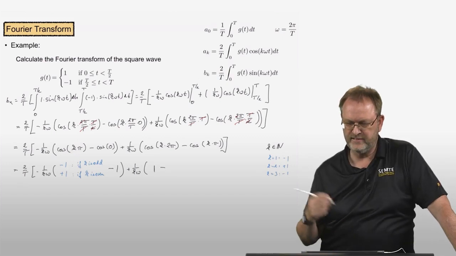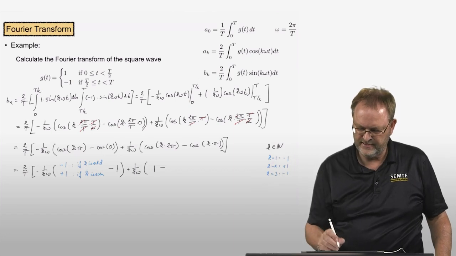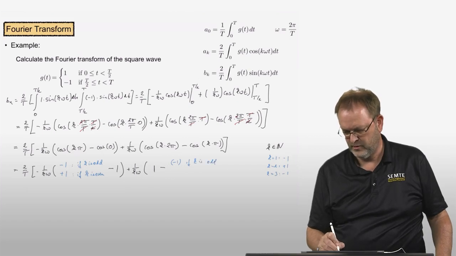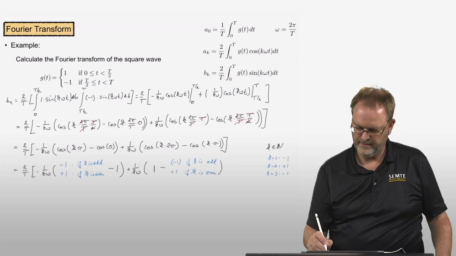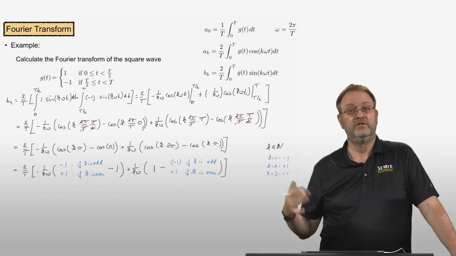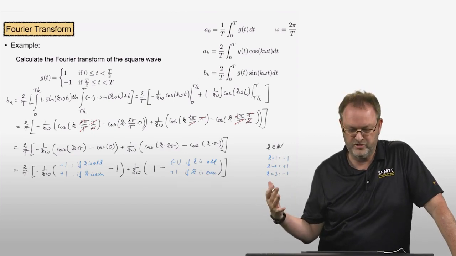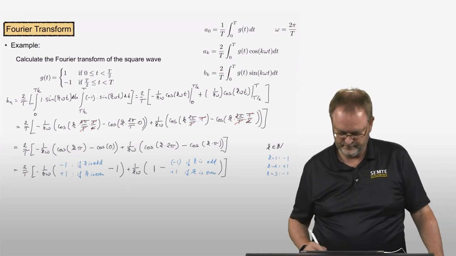And then we have minus this cosine of k pi, but we just found that that is equal to minus 1 if k is odd, or plus 1 if k is even. Okay, close this all out. So we'll get two different results. One of them if k is odd, and the other one if k is even.